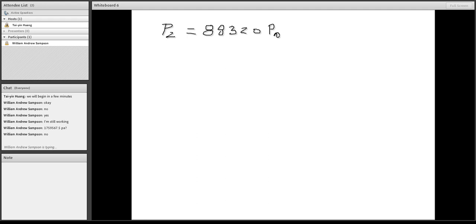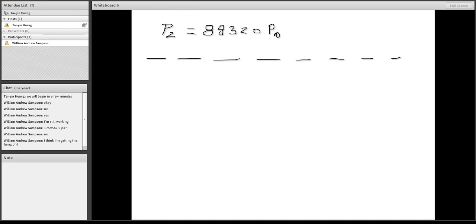Okay. So let me just draw a line here. Now, sometimes students get confused about which equation to use when you're asked to find pressure. There are actually two equations that deal with pressure.